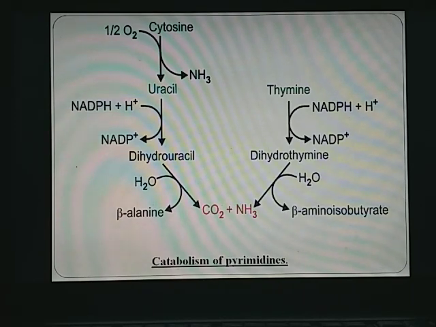So the end products of pyrimidine metabolism are water soluble, which is in contrast with the end product of purine metabolism, where uric acid is synthesized and uric acid is sparingly soluble in water. That is a major difference between the end products formed in purine catabolism and pyrimidine catabolism.